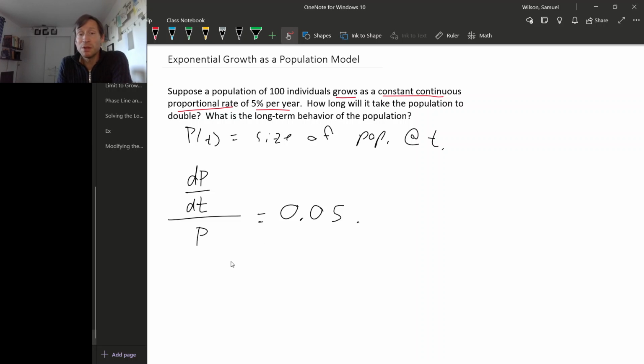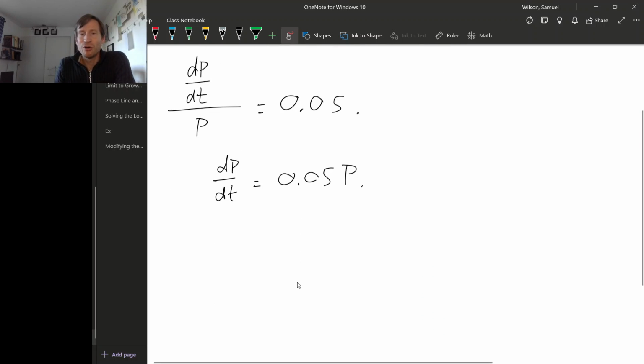In fact, if we multiply both sides by P, we get dP/dt equals 0.05 times P. And this is actually a really nice differential equation. It's separable in particular, so we could separate the variables in the usual way: divide both sides by P, multiply both sides by dt.